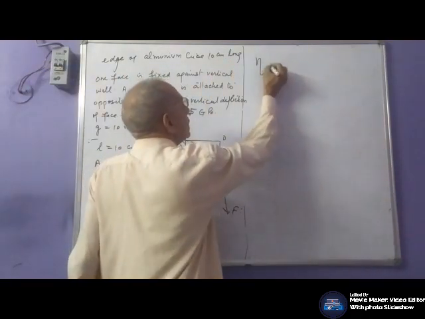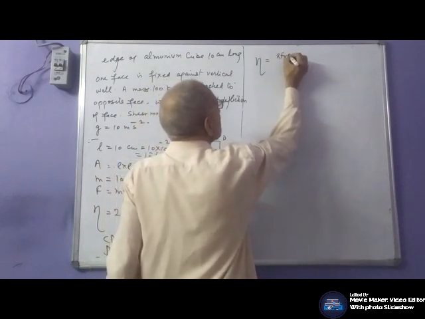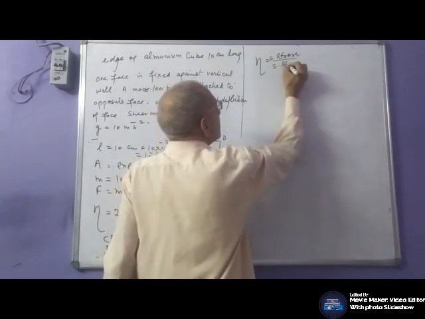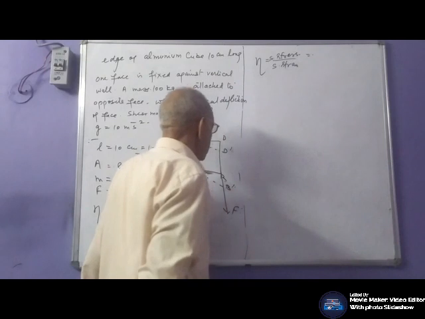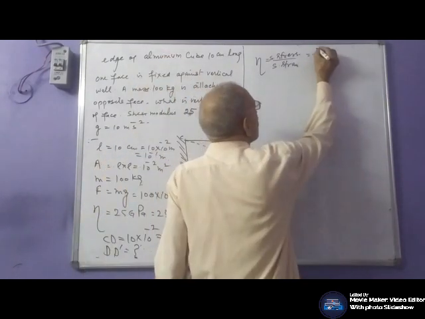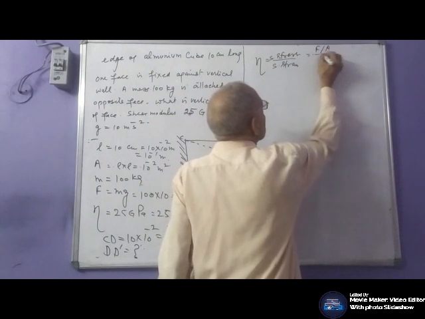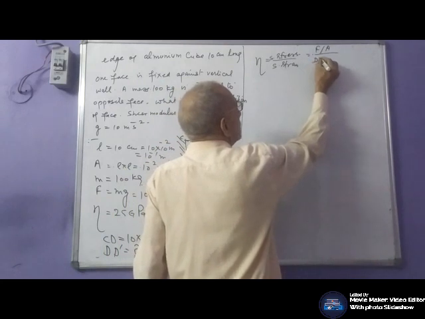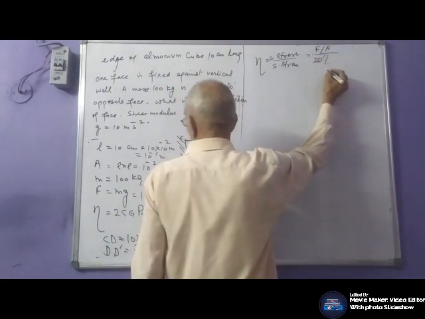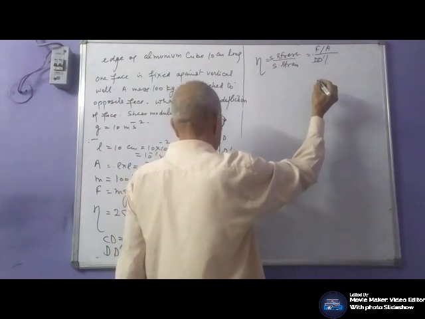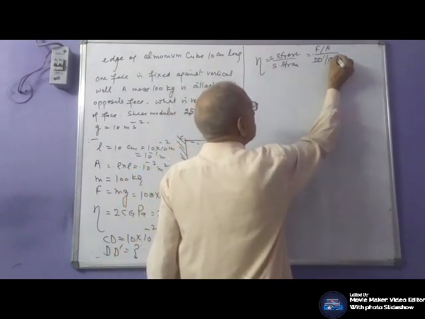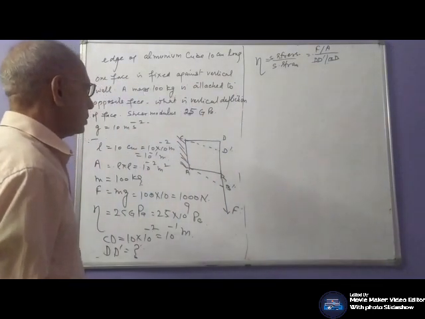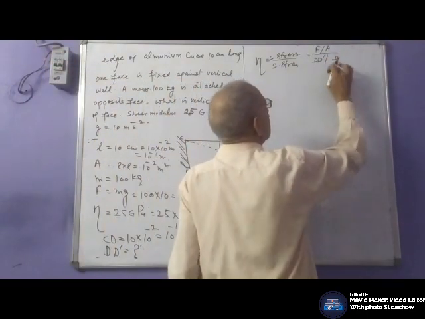We know eta is shear stress over shear strain. Shear stress is F by A. Shear strain is change in shape by original shape, which is DD dash by CD.